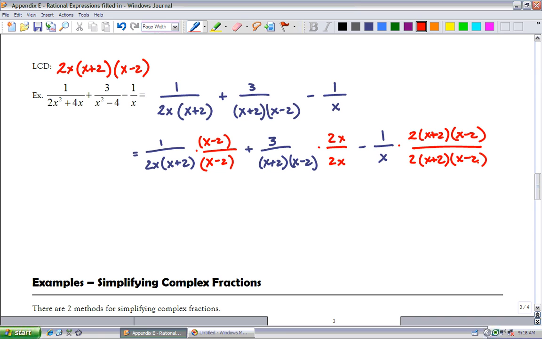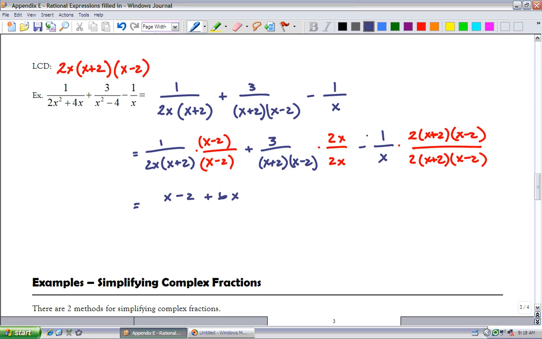Okay? Now, once we have all of those with the least common denominator in them, we need to go ahead and distribute here on top and start combining like terms. So 1 times x minus 2 is x minus 2. 3 times 2x would be plus 6x.